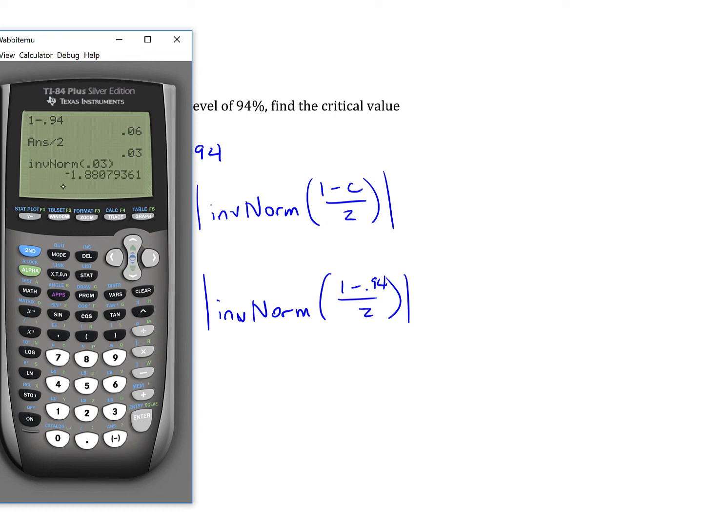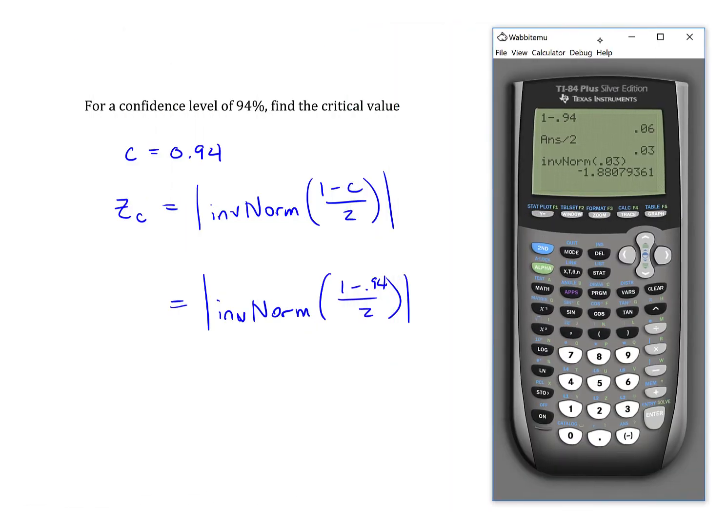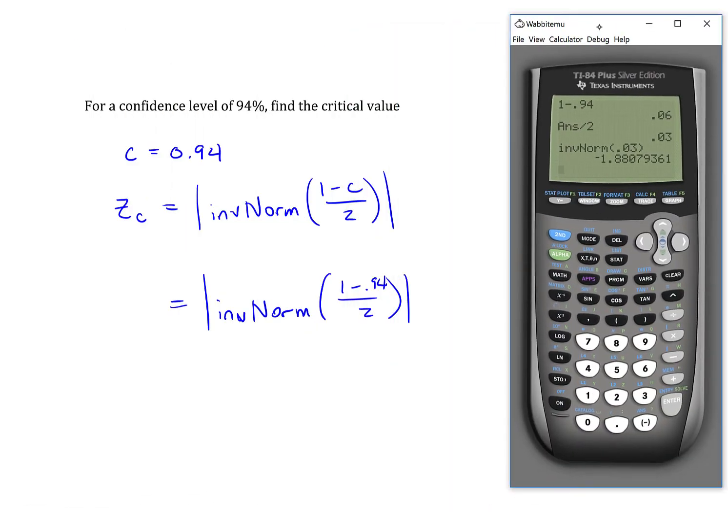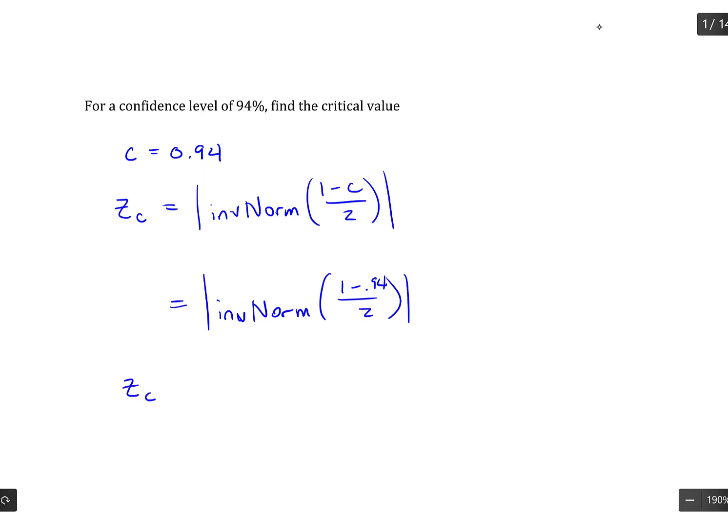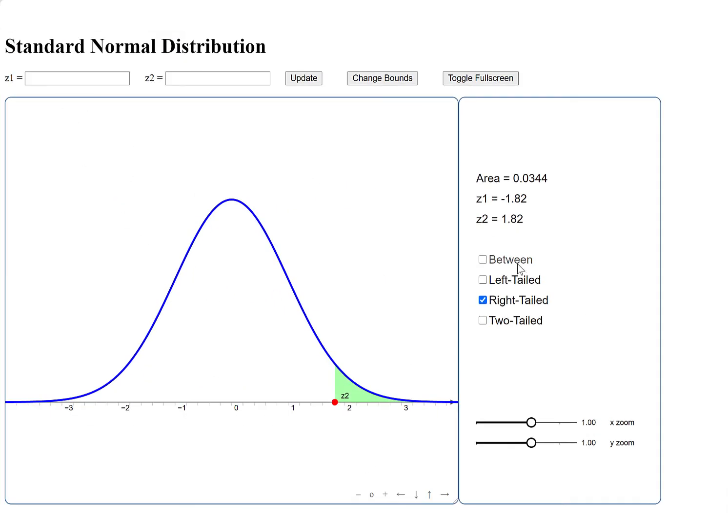Now it comes up with negative 1.88, and critical values are generally considered the positive answer of that. So the positive answer would be positive 1.88. And just to verify that that works, let's switch back over to the app, and I will go back to between, set the lower z-score as negative 1.88, and the positive z-score as positive 1.88, and find the area between those, and that's about as close as we can get to 0.94 as expected.